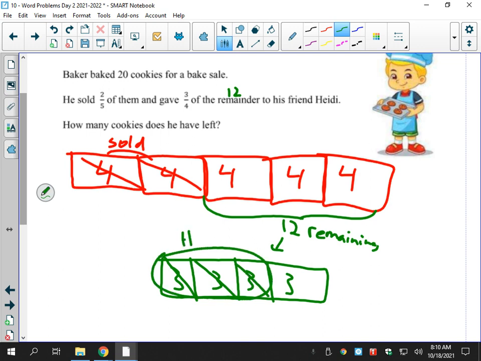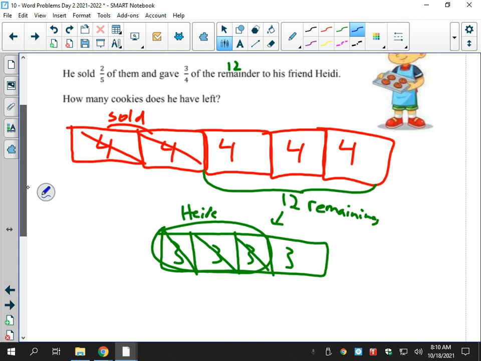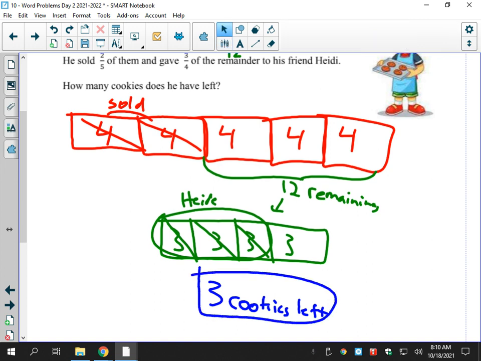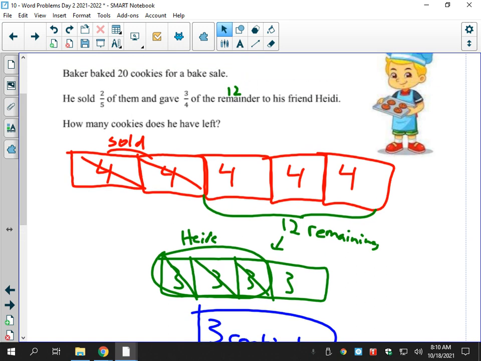So these go to Heidi. We want to look at what's left over. Oh, just 3. So just 3 cookies left for Baker. Okay. So that's our visual approach. This type of problem we always see in the context of whole numbers, of starting with a whole and having a whole answer. So the visual approach always works really nicely here.